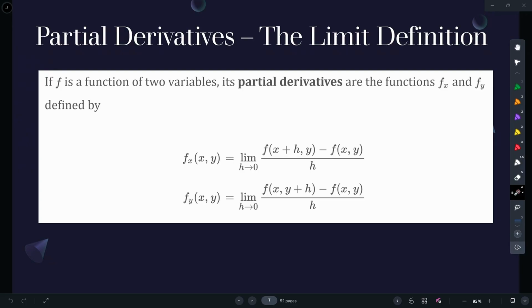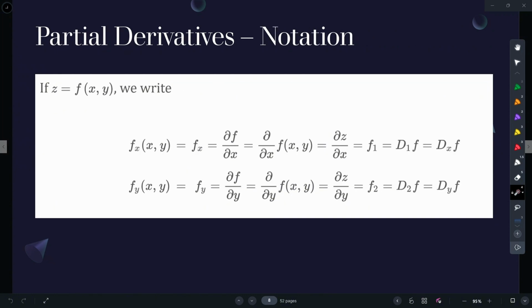So those are called the partial derivatives, and now I have two different derivatives to look at in a function instead of just one. There are a bunch of notations for these that you will encounter at some point or another. The most common notations are f sub x, the derivative with respect to x, and f sub y, the derivative with respect to y, or what I like the most: instead of df dx like in one variable, when you're looking at partial derivatives, we use a different d.